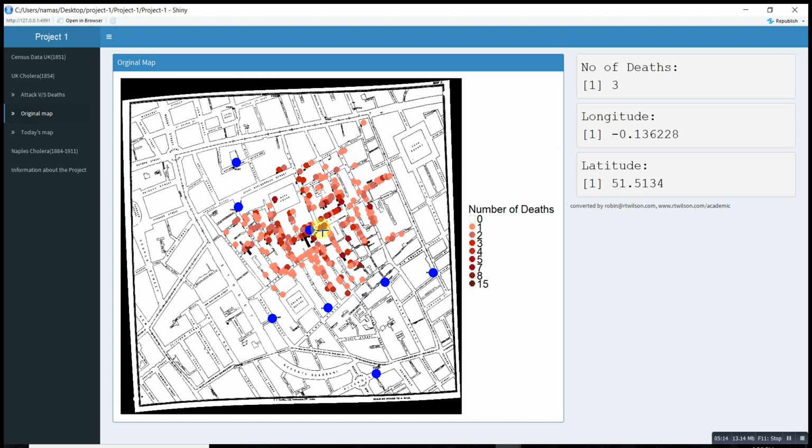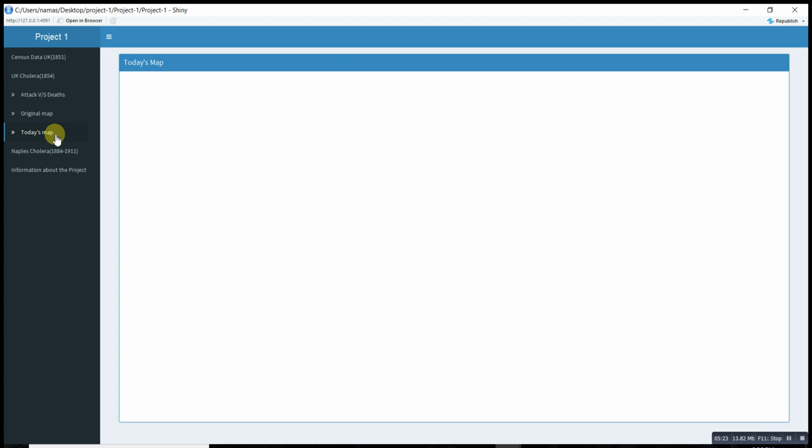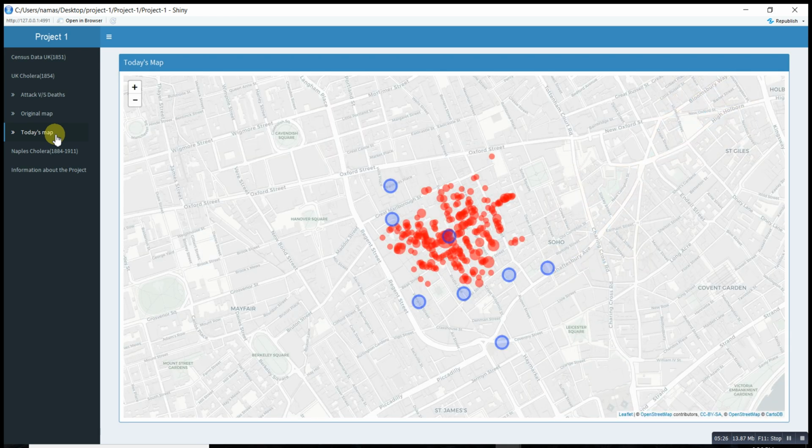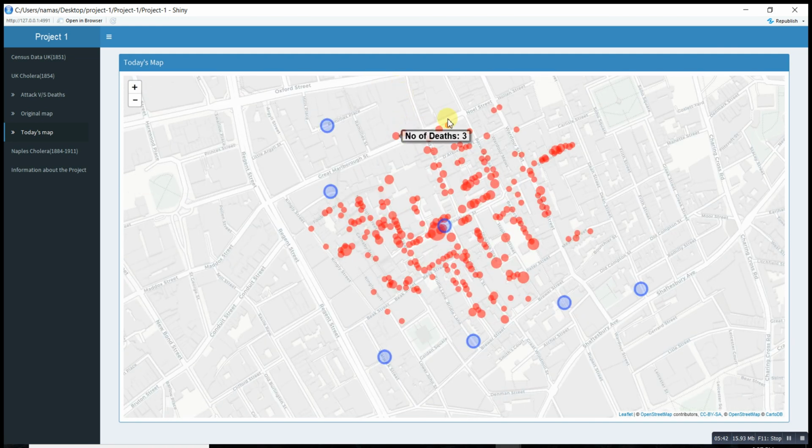So this is how this is visualized, and on a similar basis, how would this look on today's map? Let me show you that. As you can see over here, it's a similar representation, just that the blue dots are a little shaded, and when you zoom in, you can see that the death locations have been given circle markers according to the number of deaths.